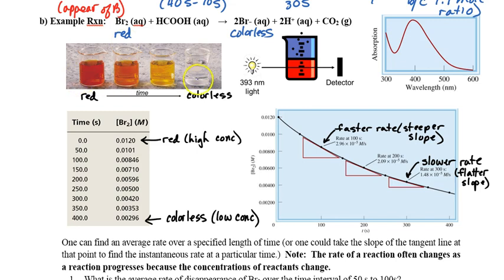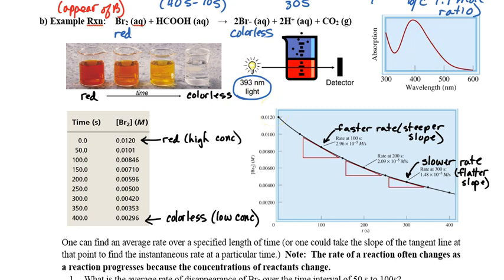So because you have this great color change, we can use a spectrometer to measure that change in absorbance. What they're going to do here is use 393 nanometer light to send through the spectrometer to detect how much absorbance of that 393 nanometer light there is.